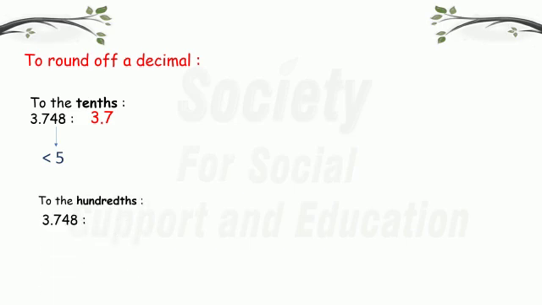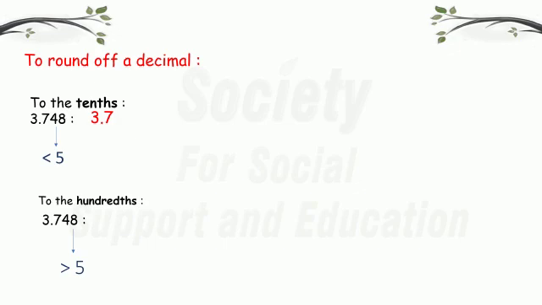If we have another example to the hundredths, we have this number 3.748. Then to the hundredths, we must make an approximation to the digit 4. Since we have hundredths and 4, we must look at the thousandths, which is 8. And since 8 is greater than 5, we must make 4 greater by adding 1 to the digit 4.